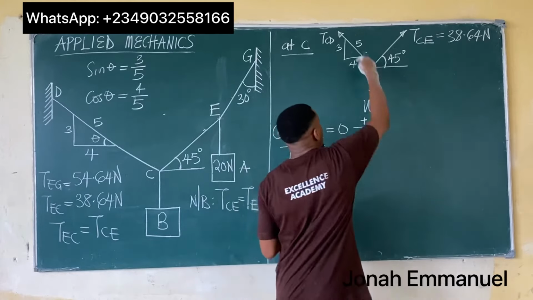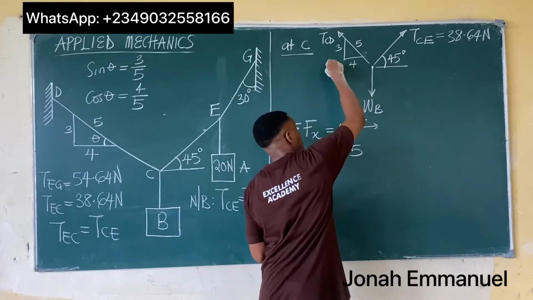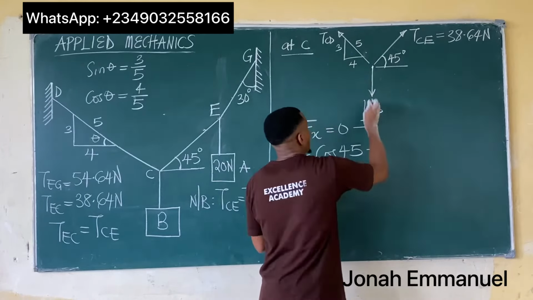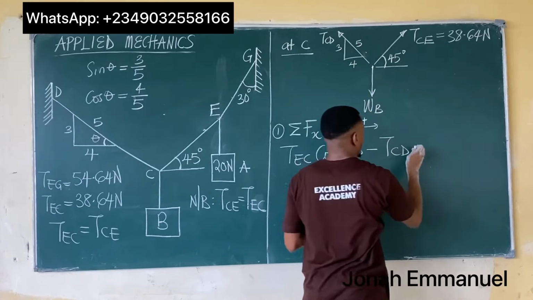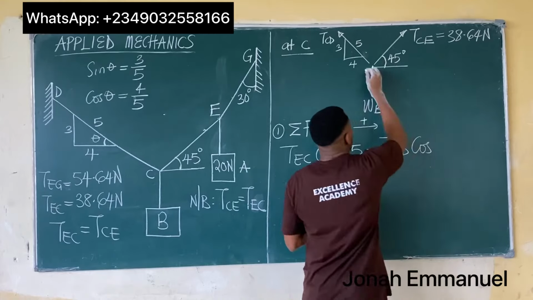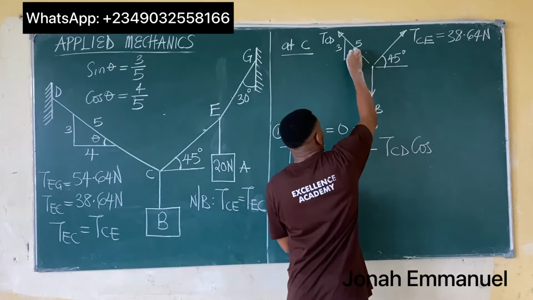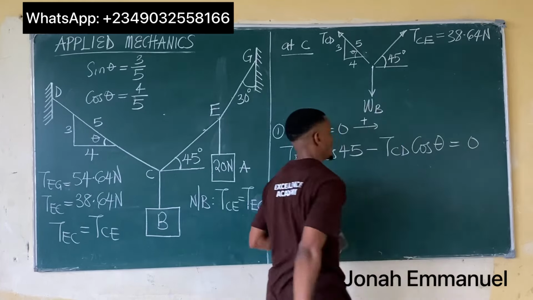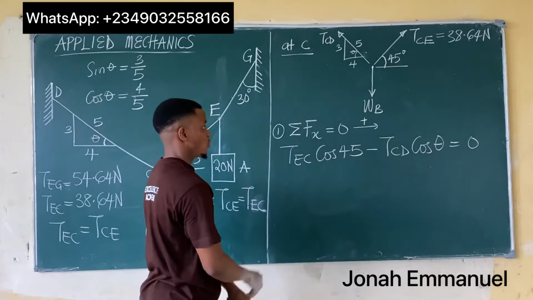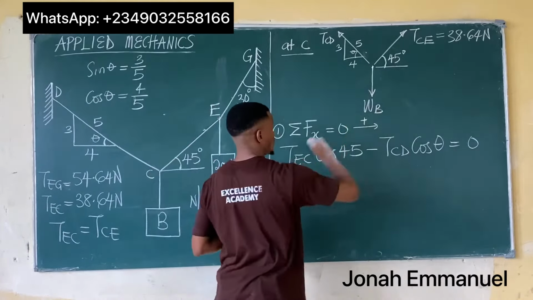Next up, we resolve this one this way to be negative, then TCD, then of course, resolving this becomes cos of the angle theta. It's equal to 0. That's about everything I have for horizontal forces. This one is vertical, so it won't count.